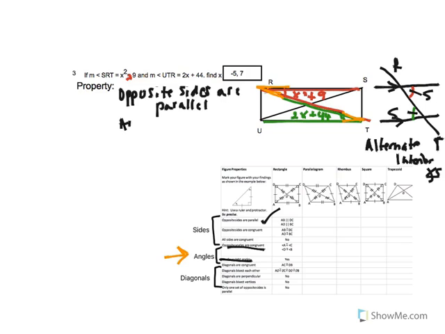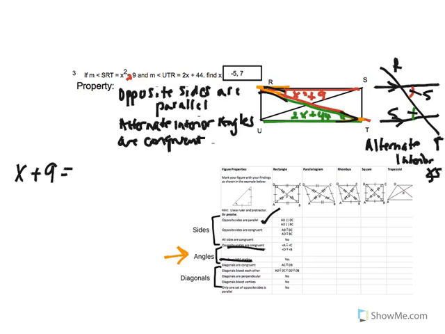That told us that alternate interior angles are congruent. So now our equation becomes clear. If the right angle up here is congruent to this angle here, we can just set them equal to each other and then solve.